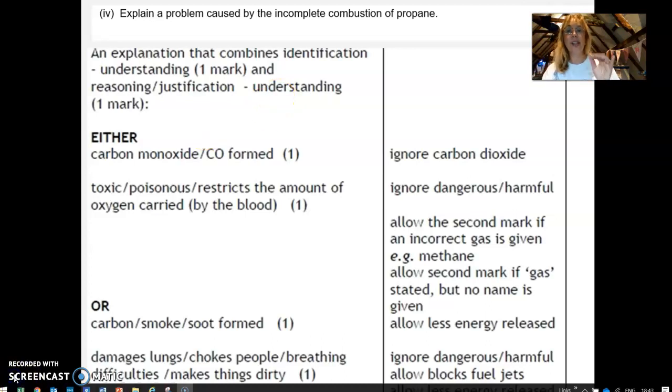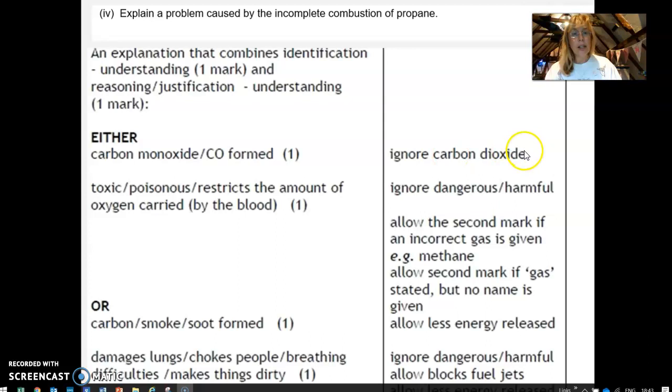So identification and understanding is important. So what you could say is you could identify carbon monoxide formation as a problem, and you could say that it is toxic, or it restricts the amount of oxygen carried by the blood. As it's only 1 mark, that would be absolutely fine.